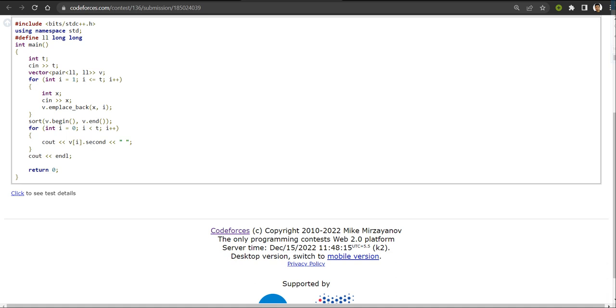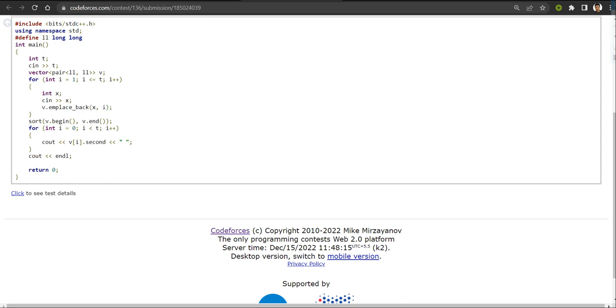In this question I have simply taken the input, the number of persons, in t. While taking the input, at the same time I am storing the index of each and every element. Understand this thing very carefully.